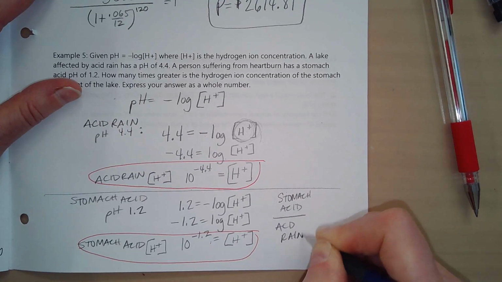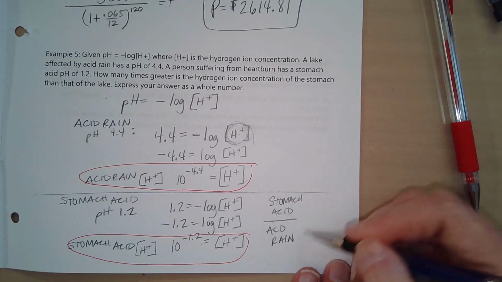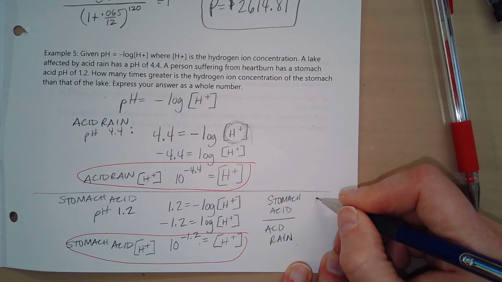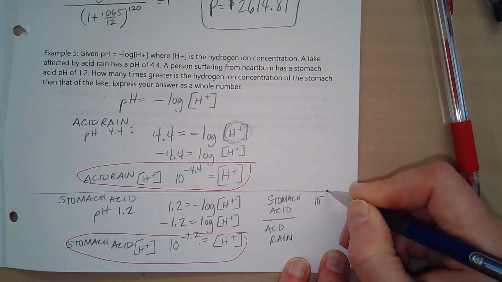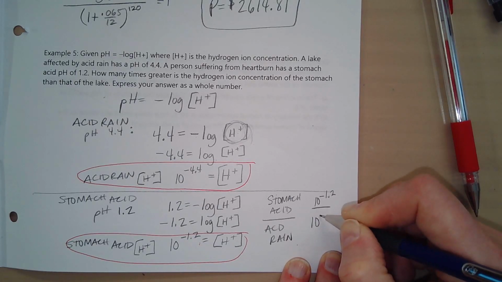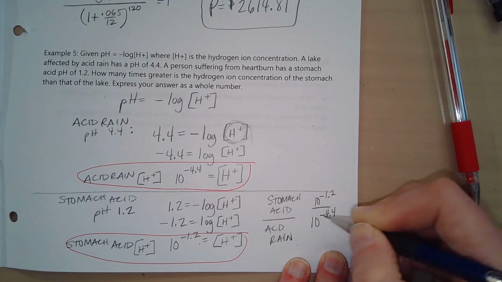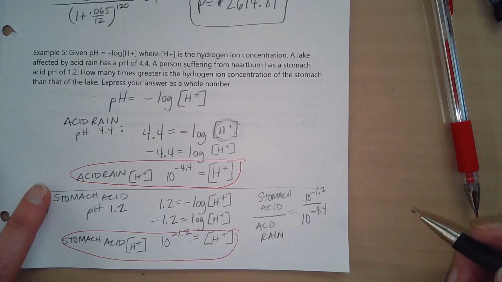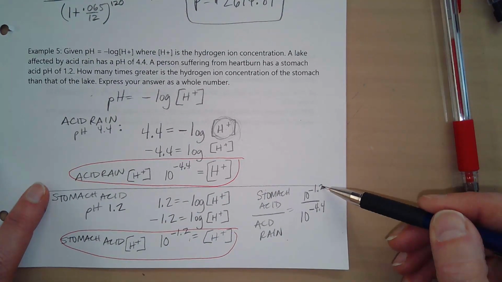They listed stomach acid first, so that's stronger than acid rain. So that means I have 10 to the negative 1.2 compared to 10 to the negative 4.4. So how many times greater is this than this?